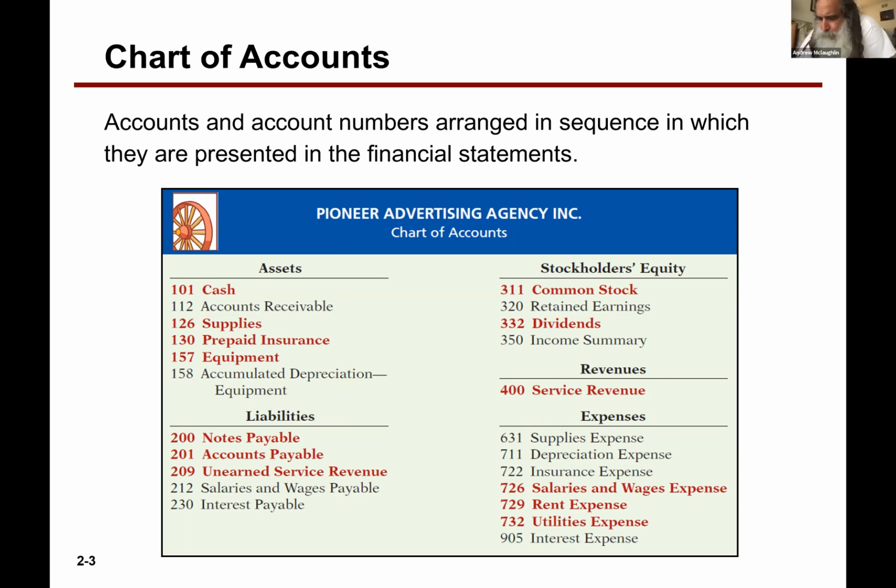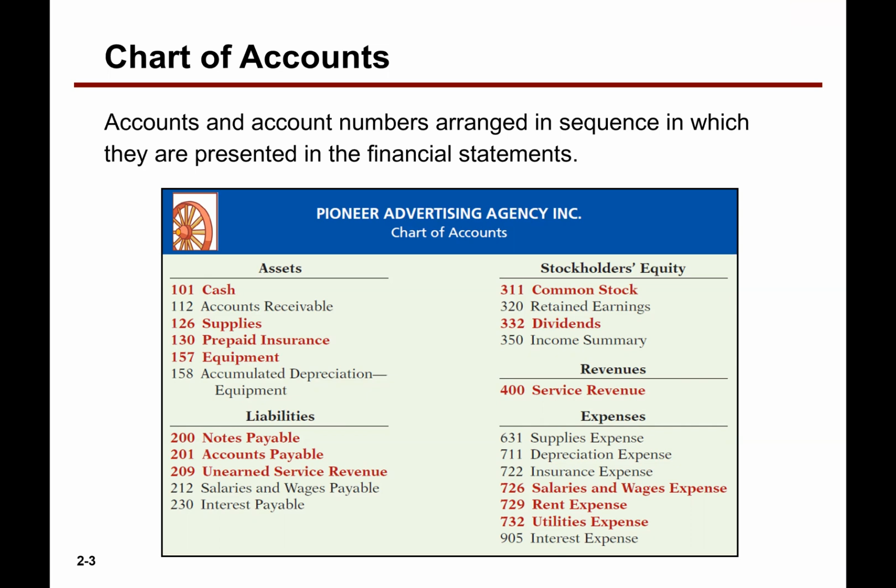Okay. You look at the stockholders' equity right now. Our two stockholders' equity accounts are common stock and retained earnings. And then we put dividends and income summary under stockholders' equity. And it's really, if you think about it, under retained earnings, because remember, our piggy bank is what?